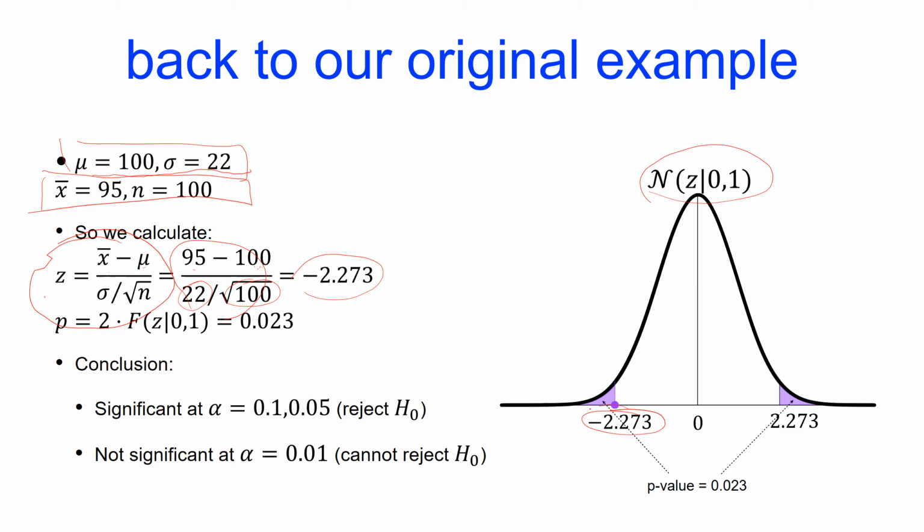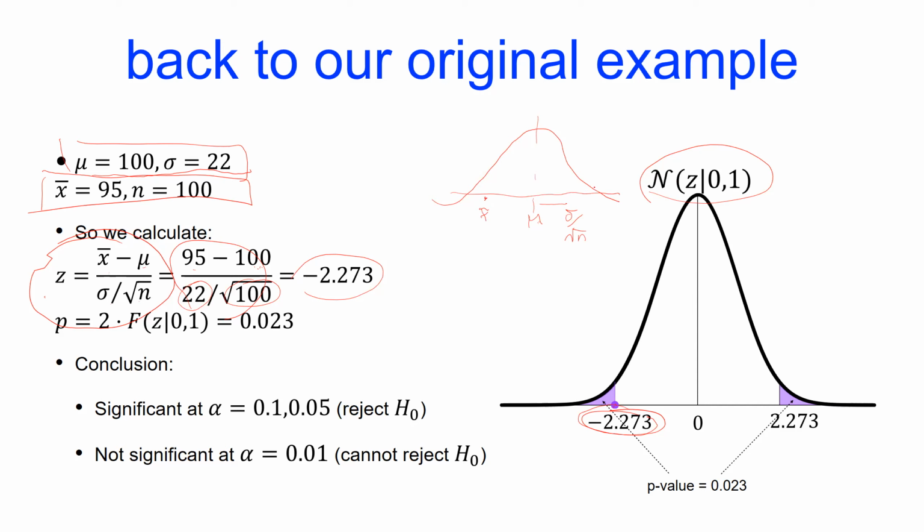If you have your original Gaussian, which has the population mu as the center and sigma divided by the square root of n as the standard deviation, then in this Gaussian, which is not the standard normal, you have an X bar at this place.